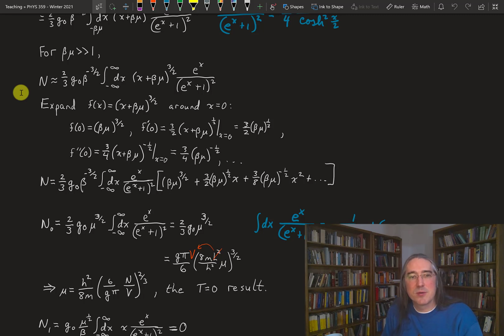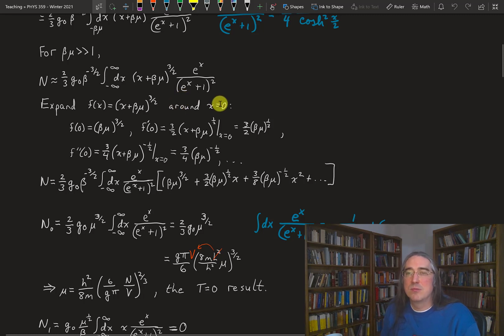Low temperature limit. And so we're going to take the function we don't like, which is something raised to a fractional power, and start expanding it around x equals 0. Because x equals 0, we said, is where this thing is going to localize the integral.